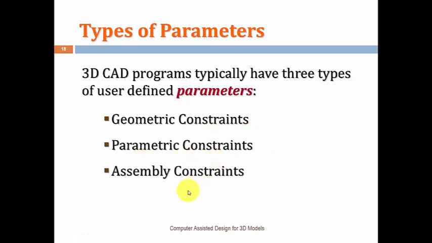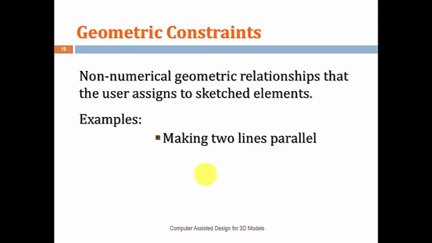Okay, so geometric constraints, these are a sketch relation, and they are non-numerical geometric relationships that the user assigned to sketch elements. So actually we use these types of constraints to control the sketch. For example, we use parallel relation to force two lines to be parallel to each other.